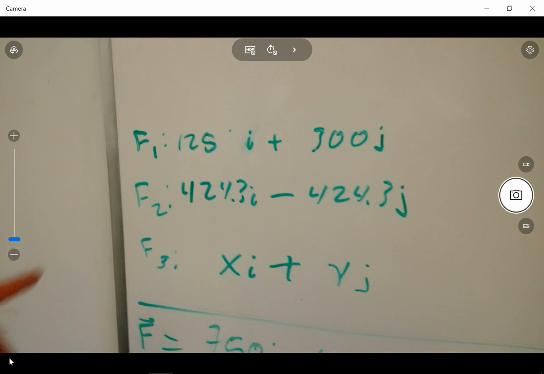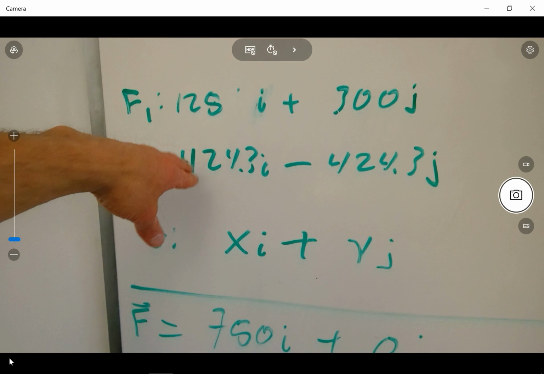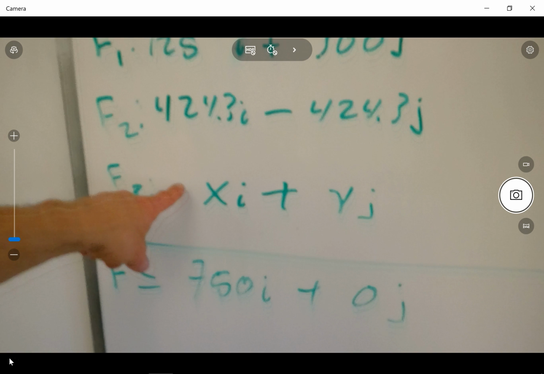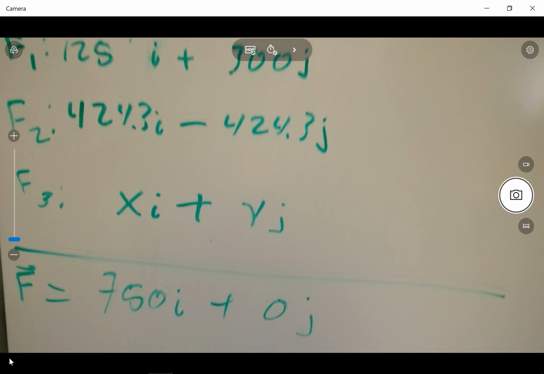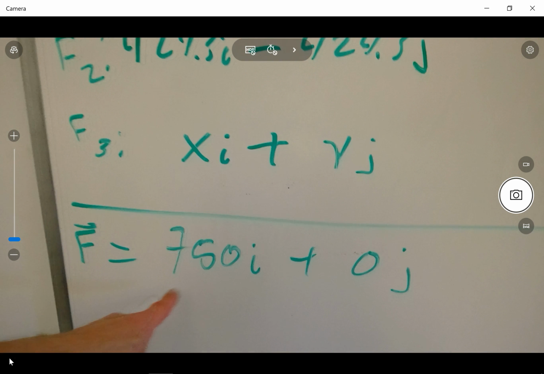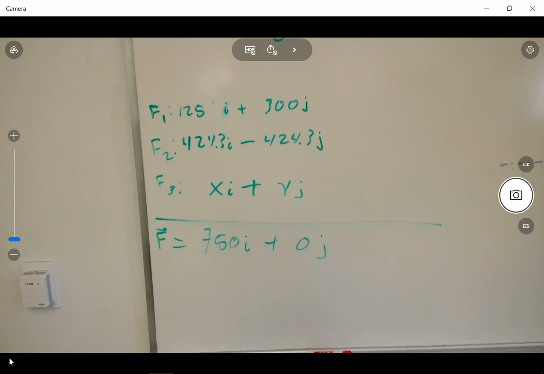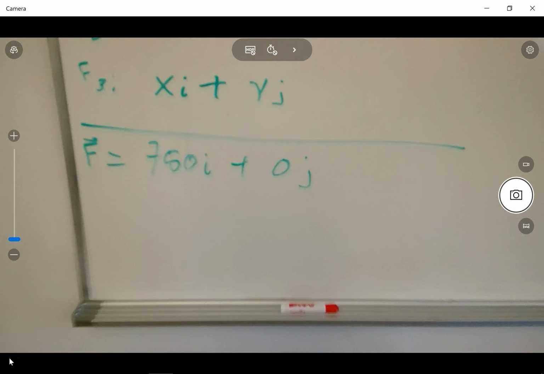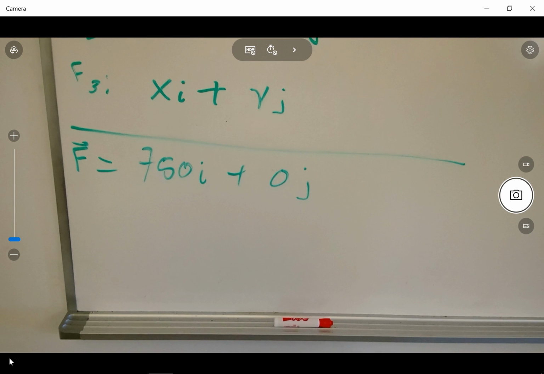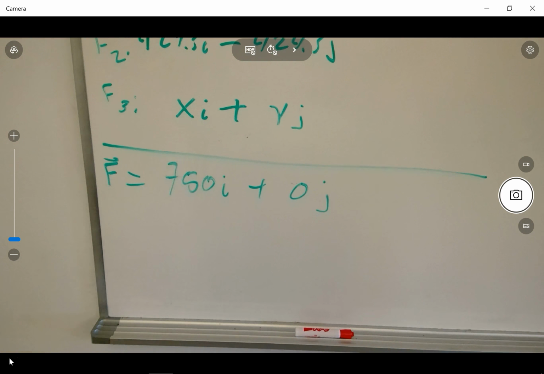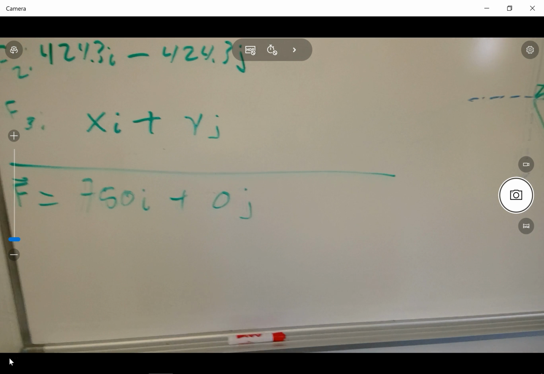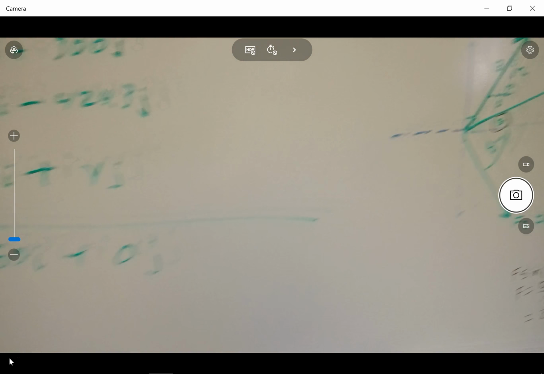He just said, let's call these F1, F2, the x of these guys, and then call this F3 just x and y, and your resultant has to be that. That's a much more direct approach. So you solve for x and y, and that gives you the correct x and y for F, and then you can find the magnitude and the angle from those. And that worked out okay. Thanks for sharing that, Jose.